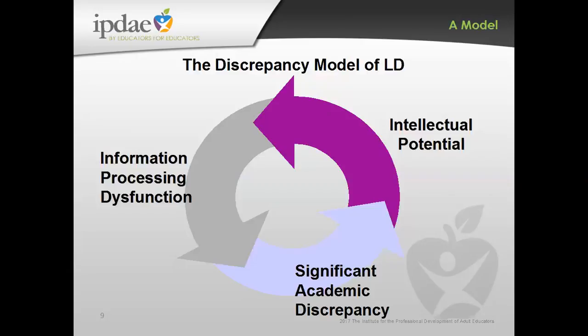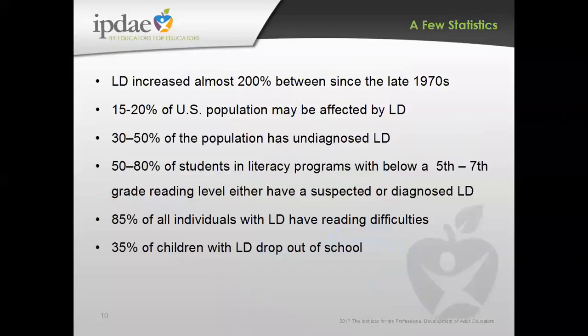When you see a discrepancy of that many years, that usually is an indicator, again, of someone who may be at risk. So when you look at all three of those parts of this model, you're looking at the three requirements of being diagnosed with a learning disability. Okay, any questions on that? All right, we'll move forward.